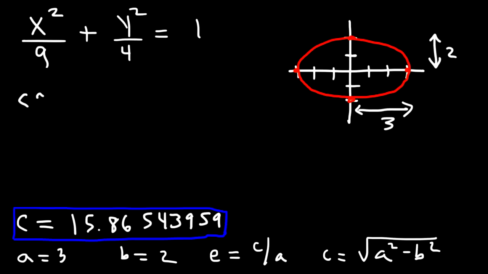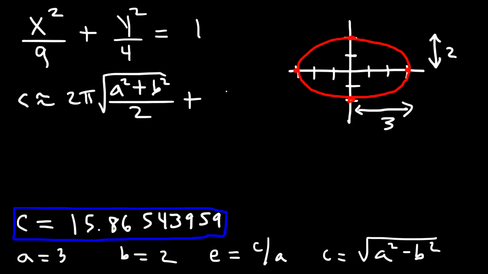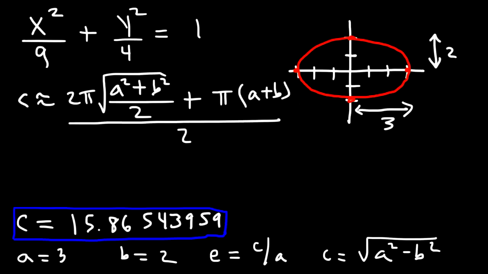That is, C is approximately 2 pi times the square root of a squared plus b squared divided by 2, plus pi times a plus b, all divided by 2.